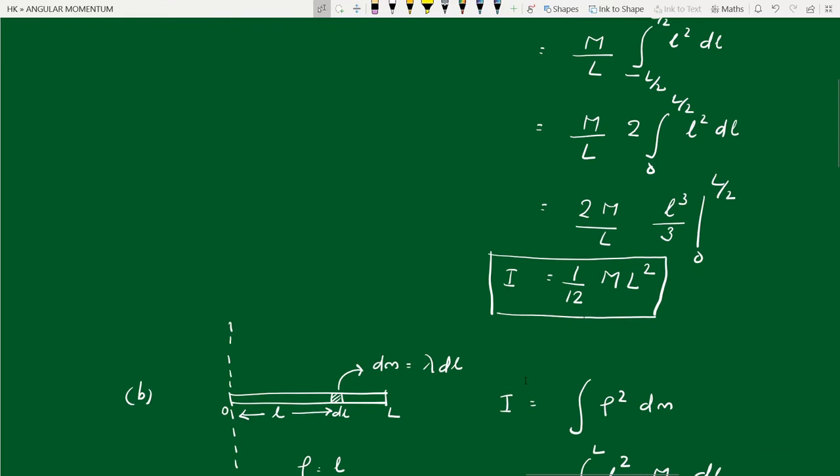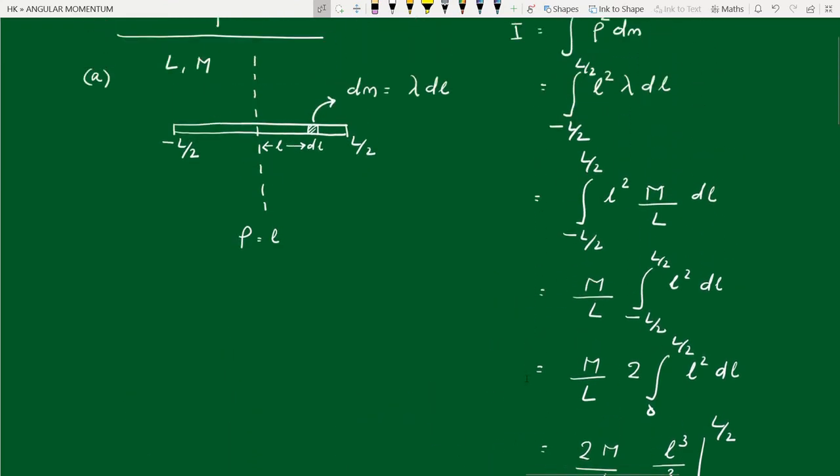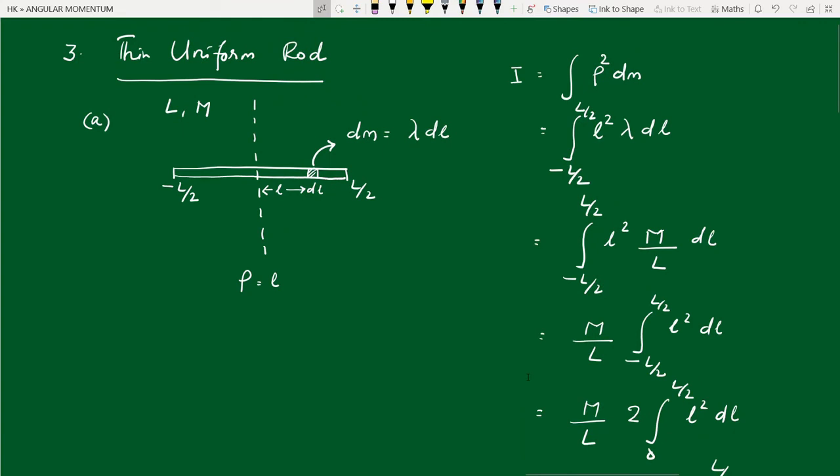Okay, these two ways of calculating the moment of inertia of the same object about two different axes show that moment of inertia not only depends upon the mass of the object, but also upon the distribution of the mass about the axis of rotation. So the choice of axis of rotation is important.